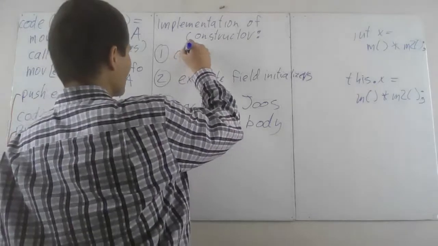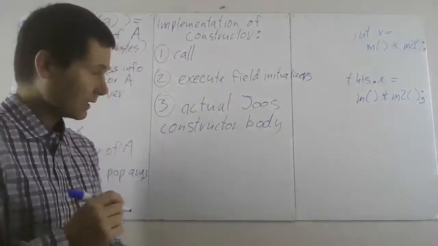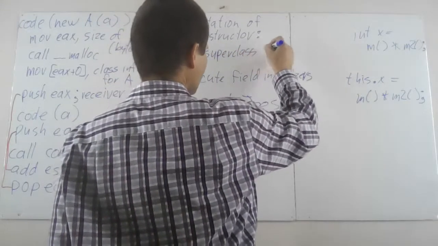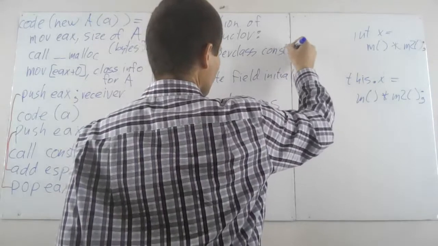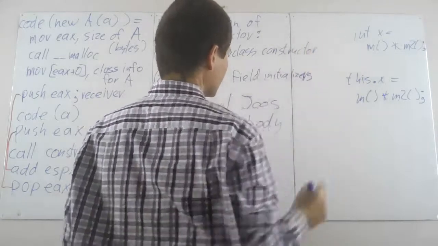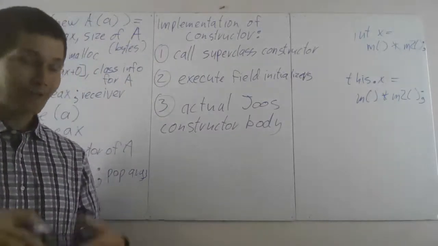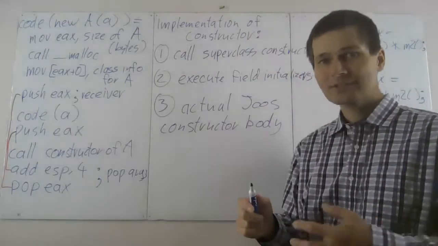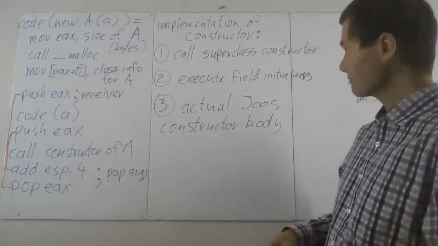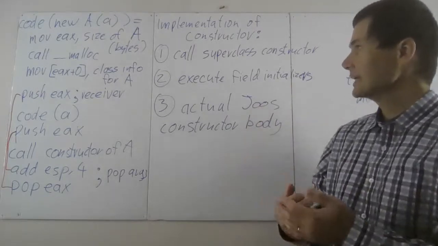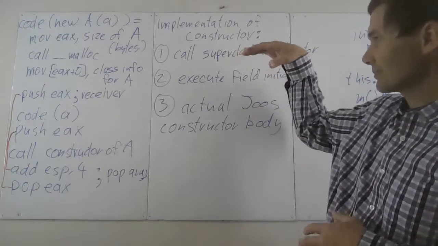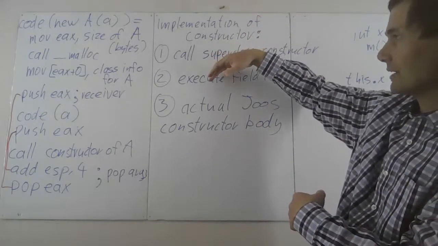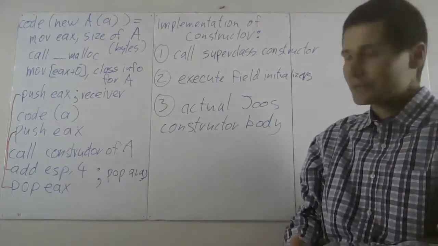The one other thing to do is to call the superclass constructor, unless you're already at java.lang.Object. I guess this is a Java requirement that before a constructor starts running, it needs to call a constructor of the superclass.